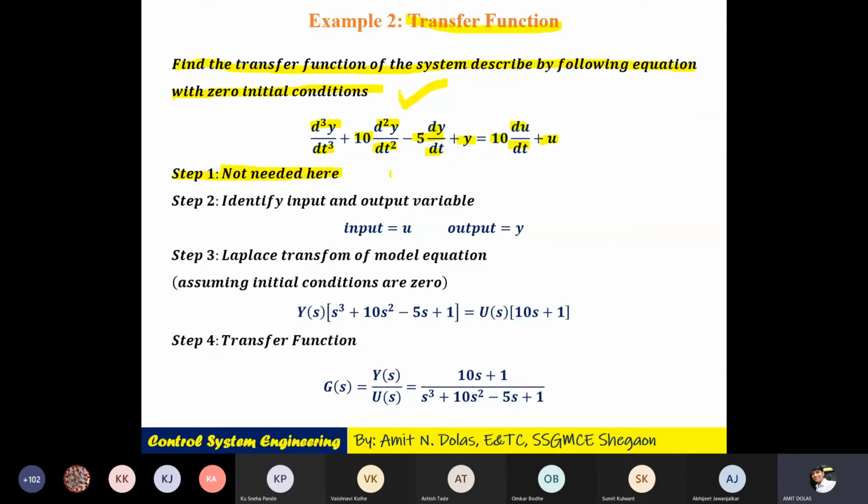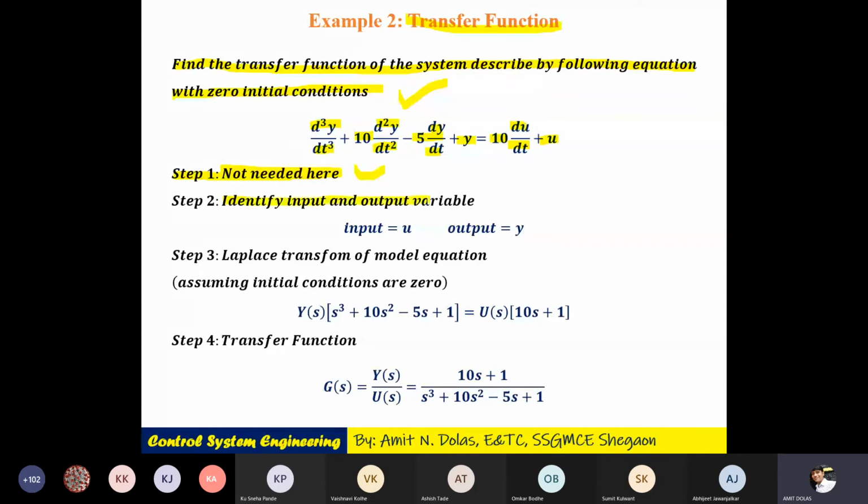These two different systems, that is electrical and mechanical, may have similar transfer function. ओके ऐसा जरूरी नहीं है कि मैकेनिकल सिस्टम है उसका ट्रांसफर फंक्शन कभी इलेक्ट्रिकल सिस्टम से मैच नहीं होगा. It may have similar transfer function, though they are different in nature. That will be, say, studied in further lectures. It is there in the PPT. So first step की जरूरत नहीं है.